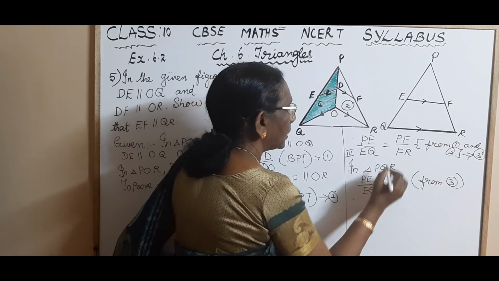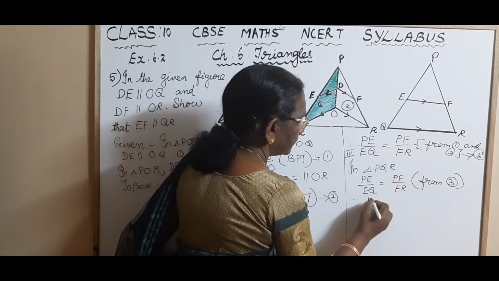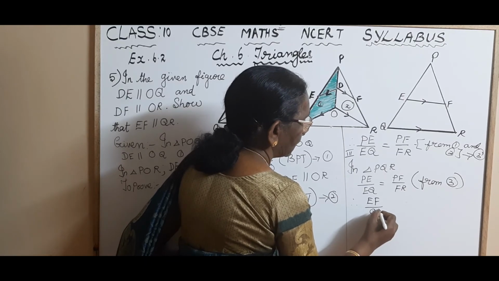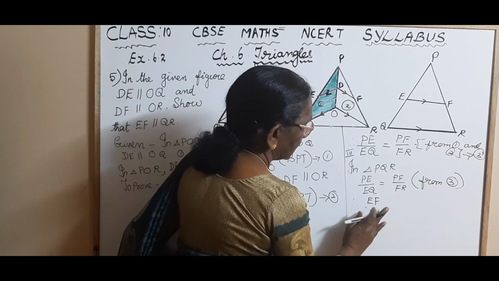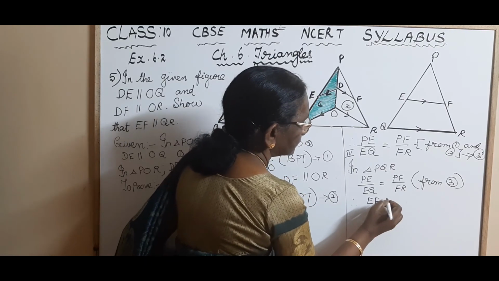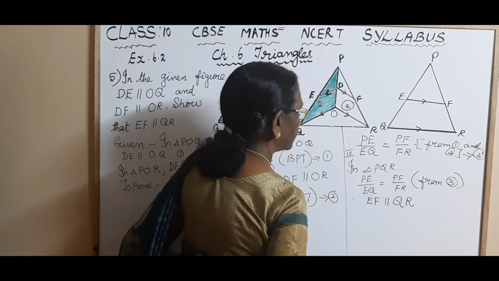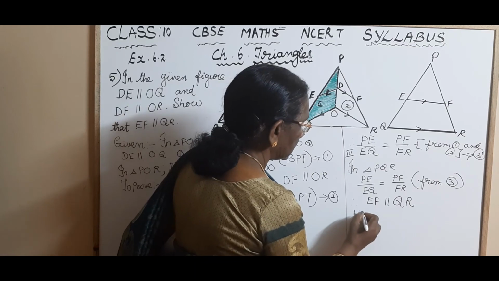Therefore, EF is parallel to QR. Hence proved.